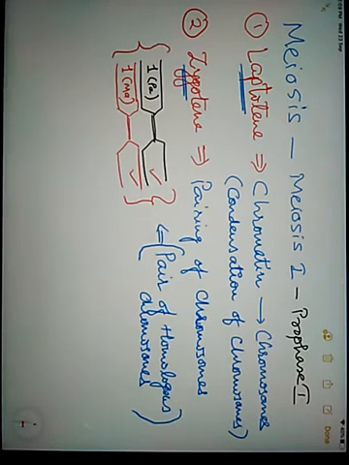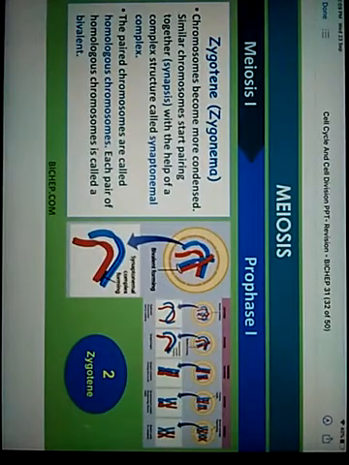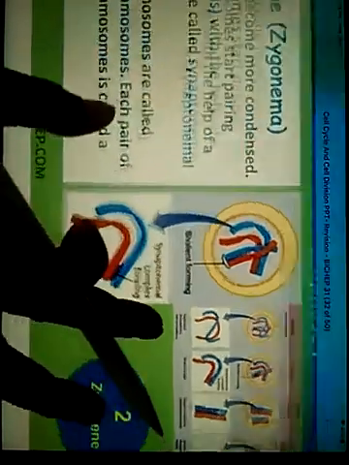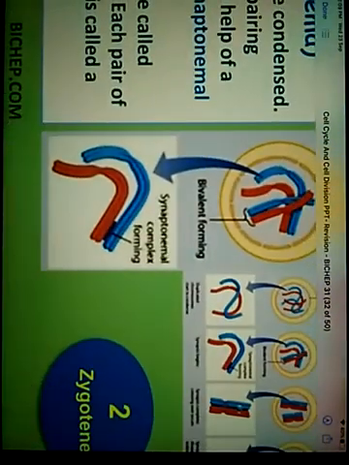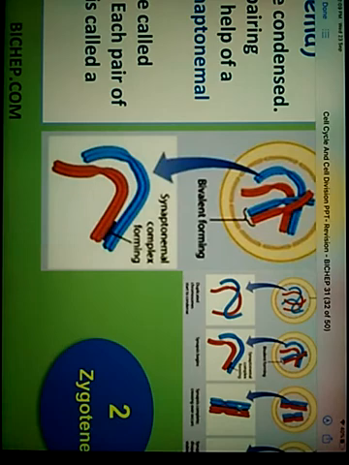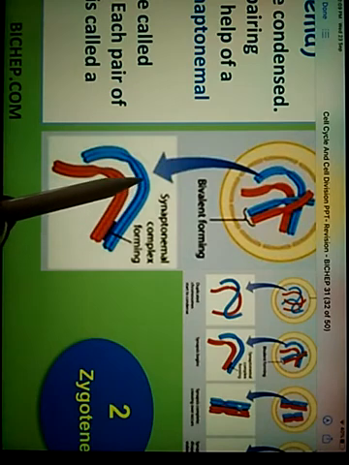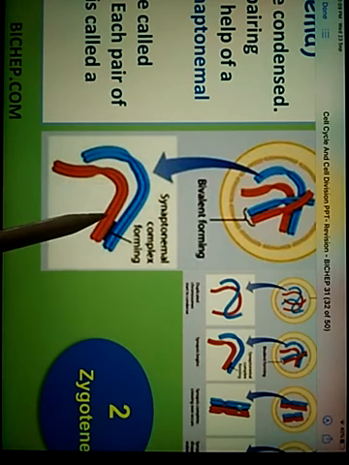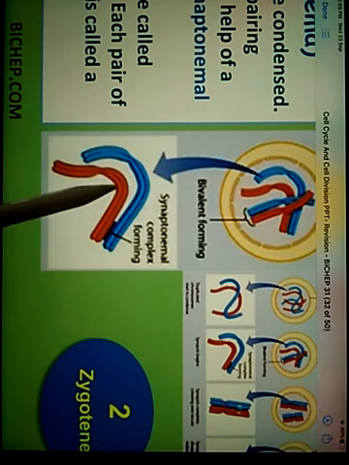Ready? So this is why this phenomenon or this phase is very important. Here, if you see the diagram, the synaptonemal complex is forming between two chromosomes, one mentioned in blue and the other in red.